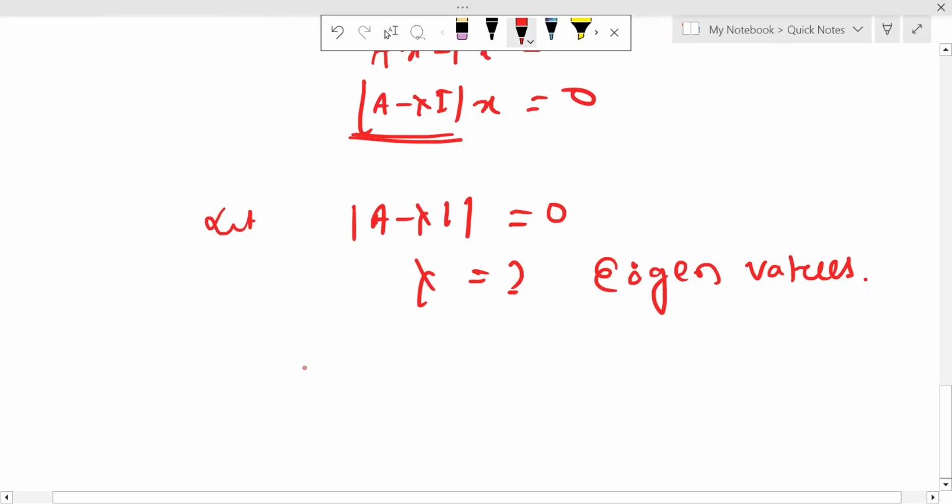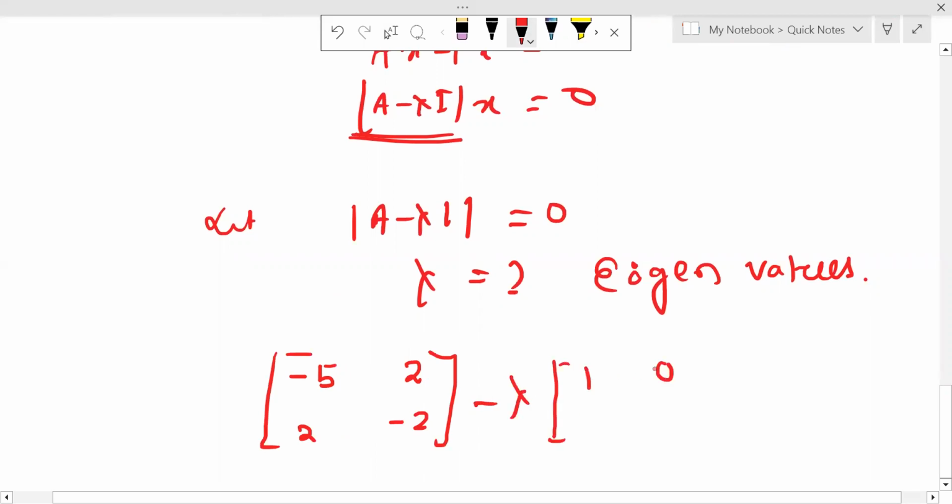A minus lambda I: A is already given as -5, 2, 2, -2, minus lambda into the identity matrix 1 0 0 1, which is equal to 0.